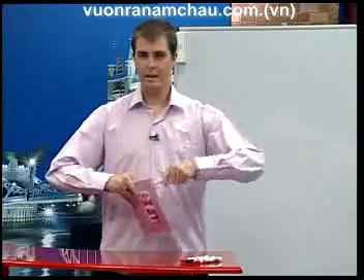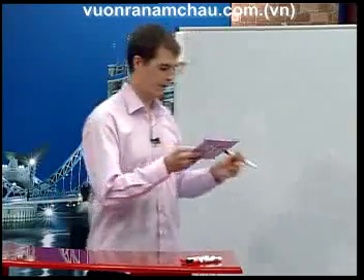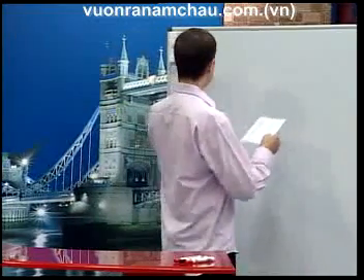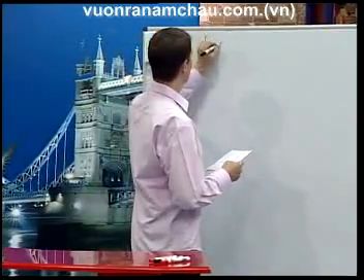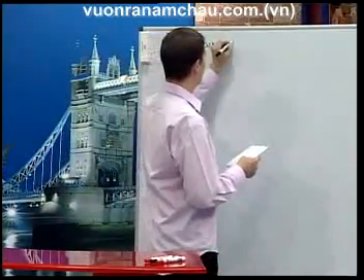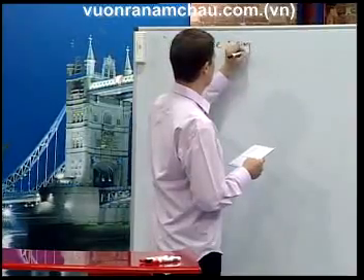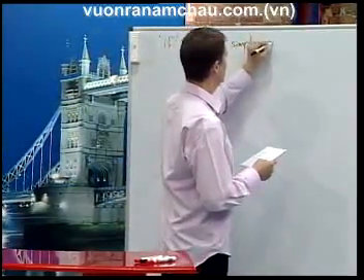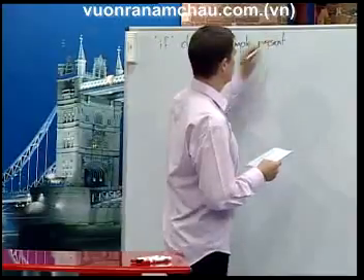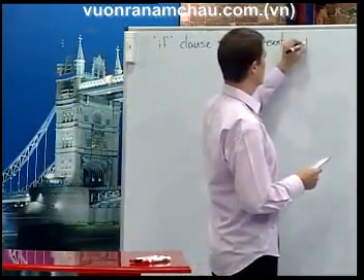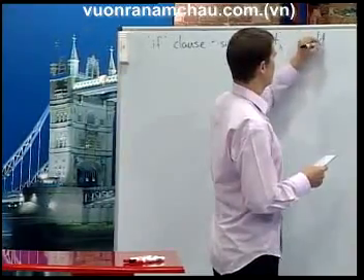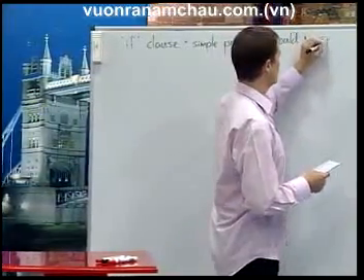So to make the second conditional, we use this formula. We have the if clause plus the simple present. Then we have the result clause would plus simple form.